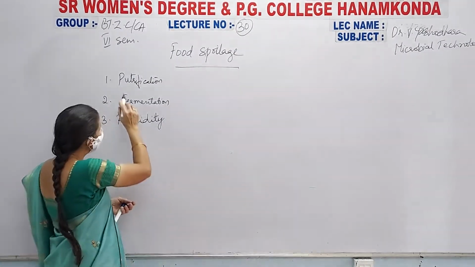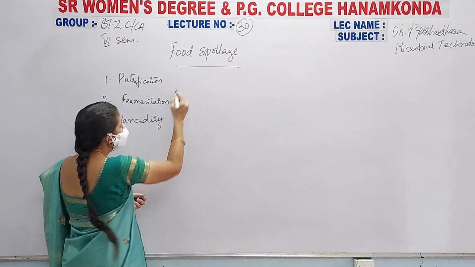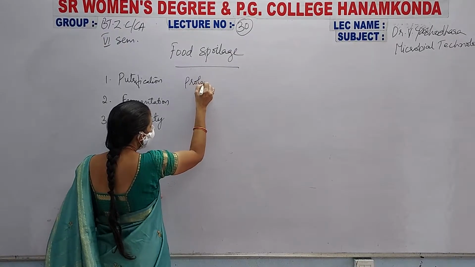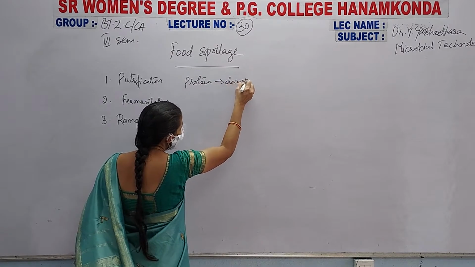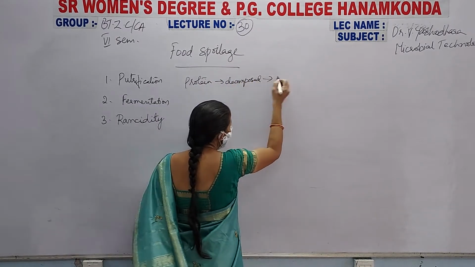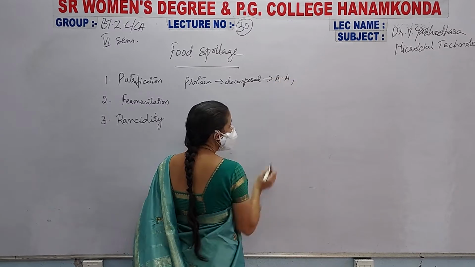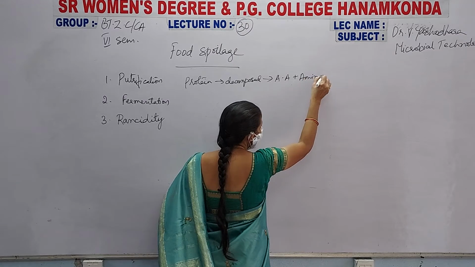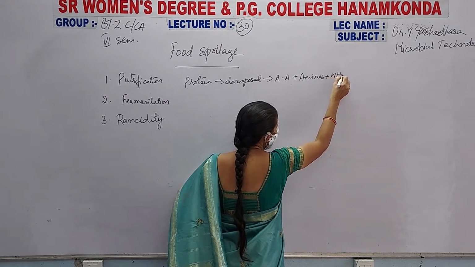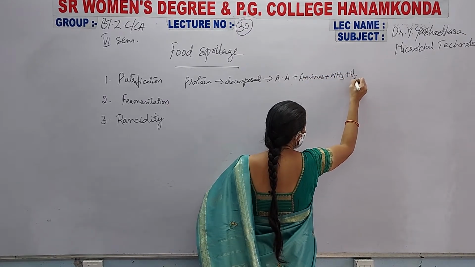First one is putrefaction. In this, the proteins of the food get decomposed and are converted to amino acids plus amines plus NH3 plus H2S.